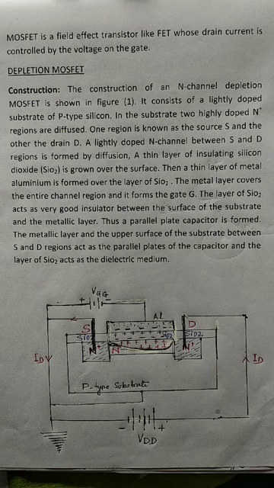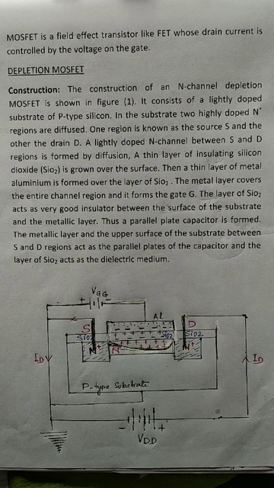Both have the same function, amplification as well as switching. But due to some peculiar characteristics, MOSFET has some additional advantages over BJT. That is why nowadays we prefer MOSFET.